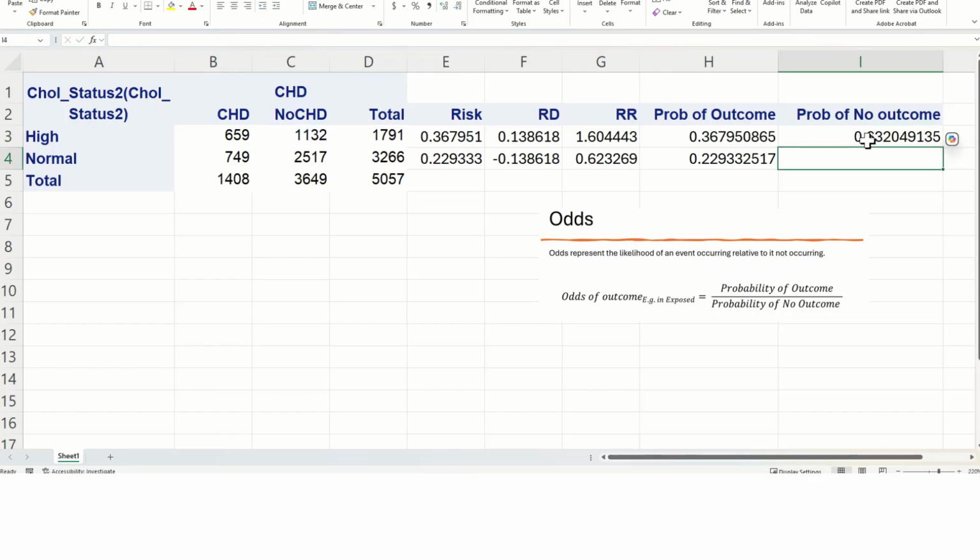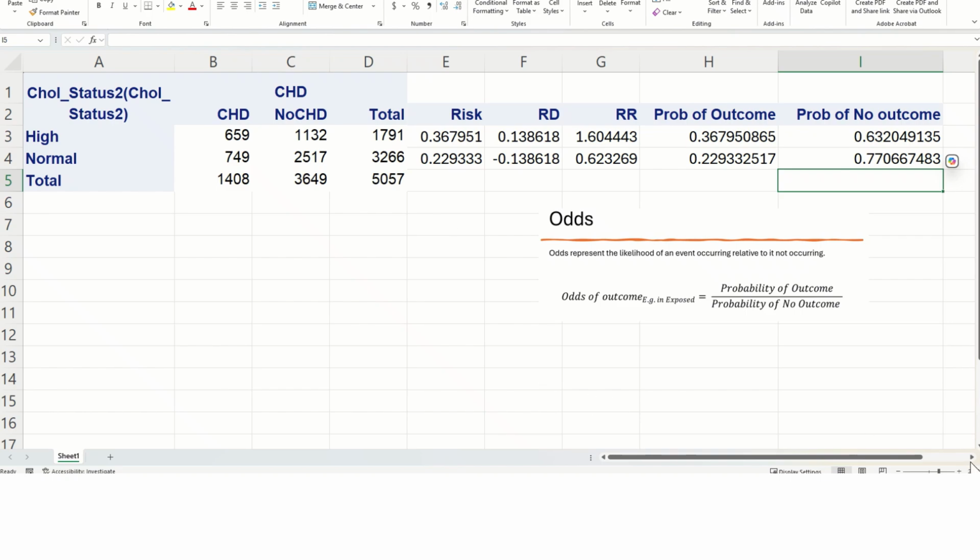Okay, so 63%. So the probability of no outcome, the probability of not developing chronic heart disease among high cholesterol individuals is 63.2%. And similarly, the probability of no chronic heart disease among normal cholesterol individuals is 25.17 divided by the total individuals in that group, which is 32.66.